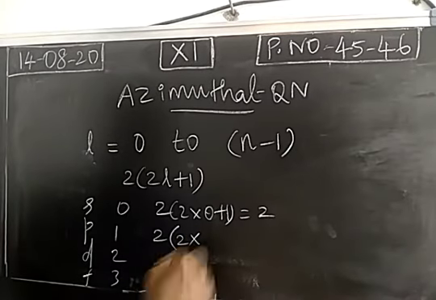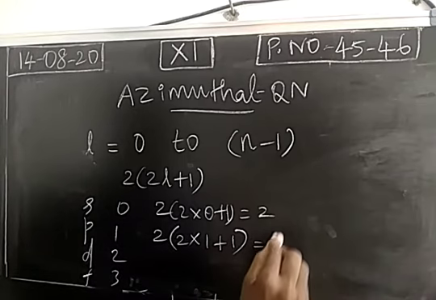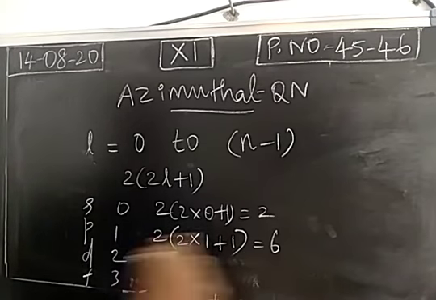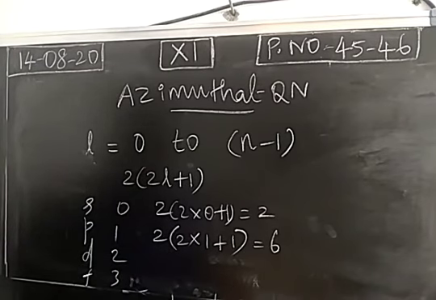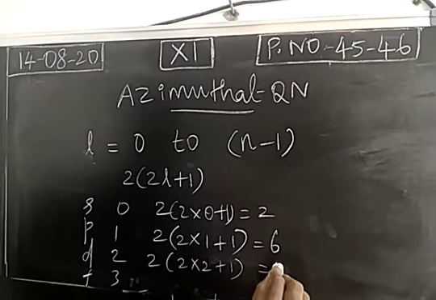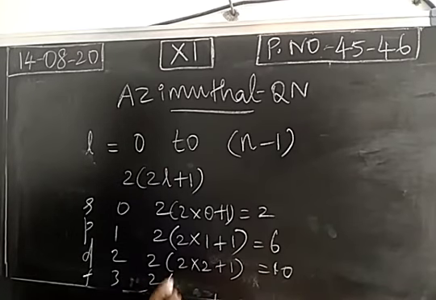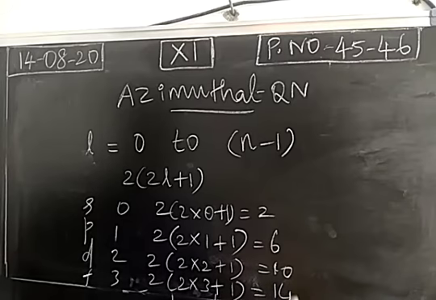Then azimuthal quantum number 1: maximum 6 electrons can be present in the P subshell. Maximum 10 electrons can be present in the D subshell. Maximum 14 electrons can be present in the F subshell. Right. So this is the formula to calculate the number of electrons in each subshell.